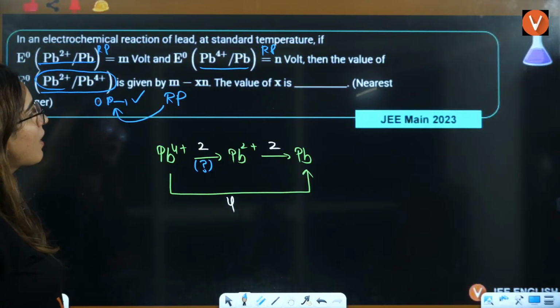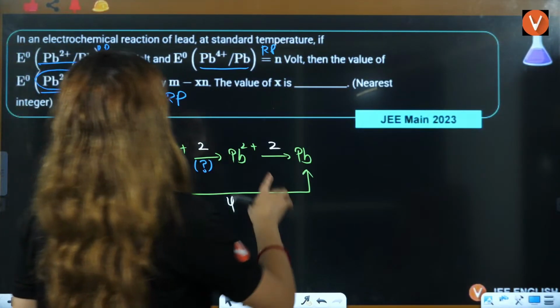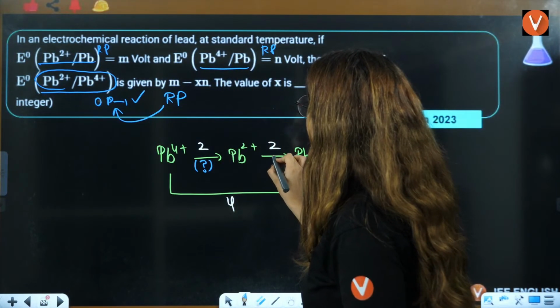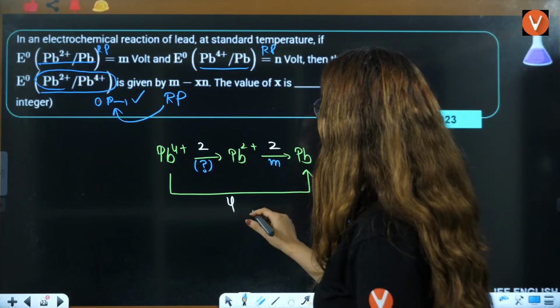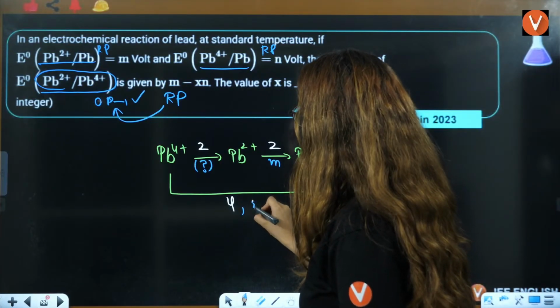This is a question mark. This is given to be M. 2 positive to this is given to be M. This is given to be 4 positive to this is given to be N, right?